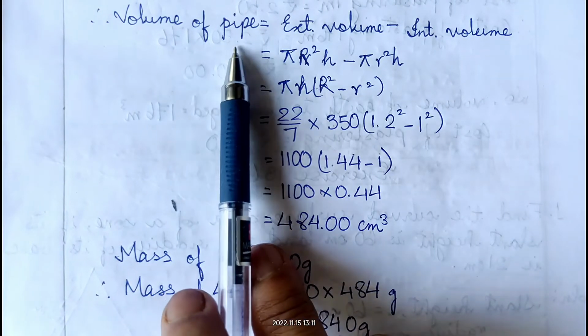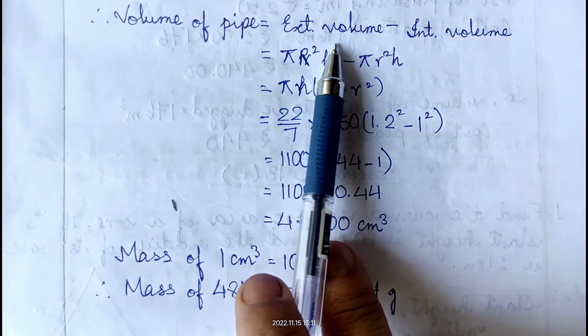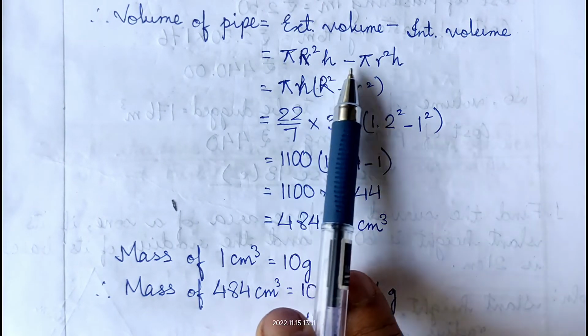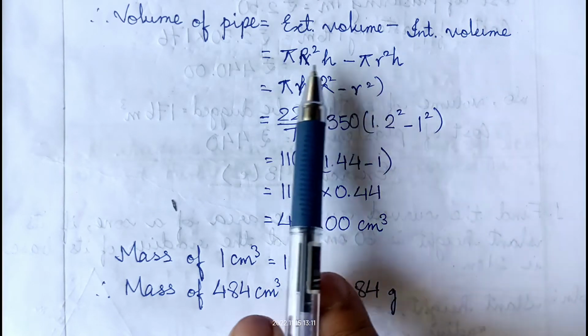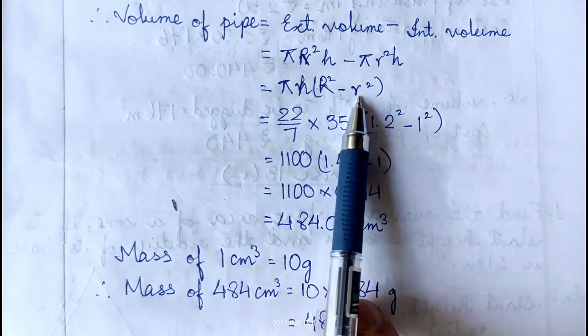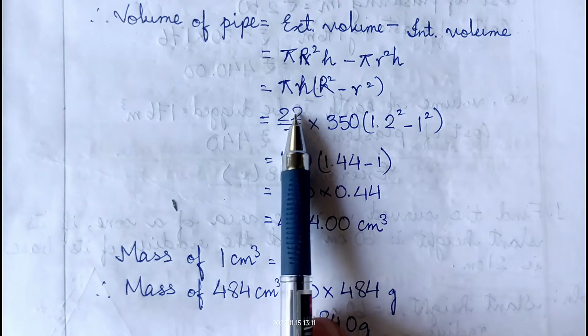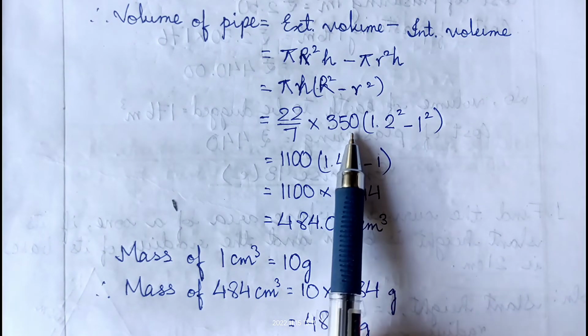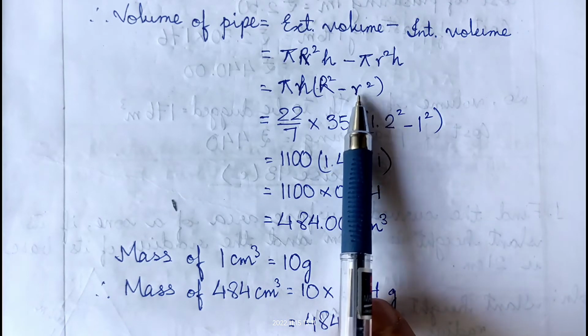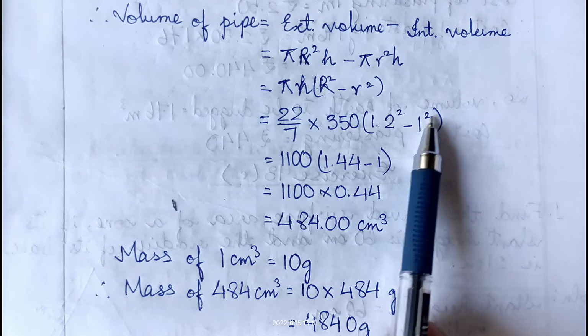Now we have to calculate the volume of the pipe. It will be external volume minus internal volume. It will be pi capital R square h minus pi small r square h. If I take pi h common, we are left with capital R square minus small r square. So pi is 22 by 7, height is 350, R square 1.2 square minus small r, which is the internal radius, it is 1 square.